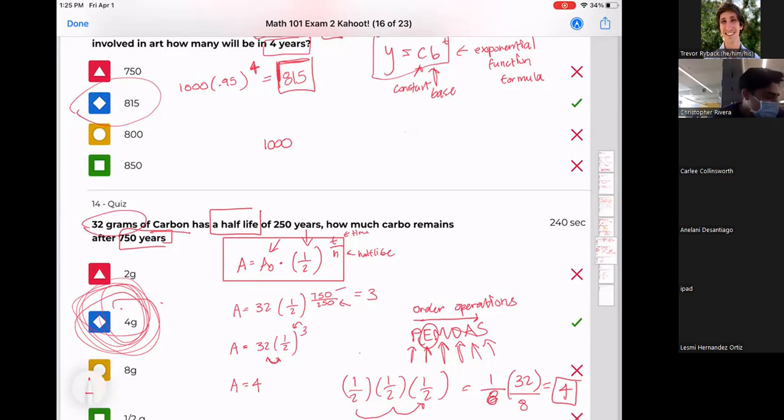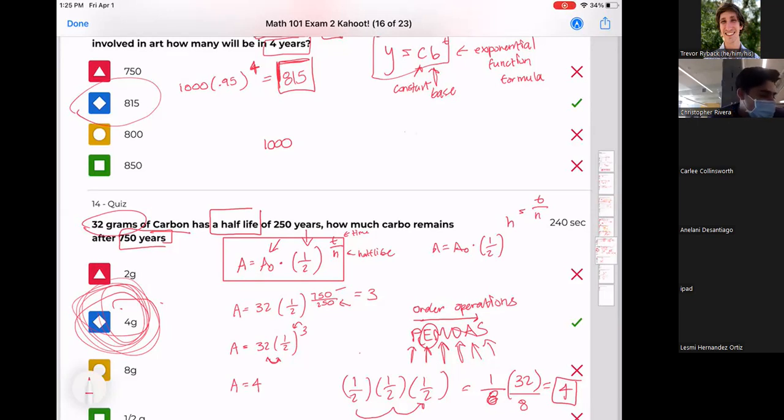Let's say A0 times half to the power of h, where h equals t over h. So it's the exact same thing in terms of the formula you just said.